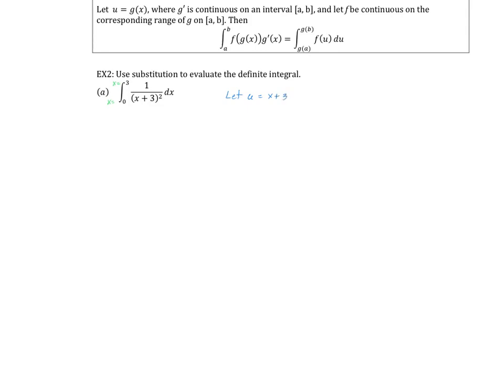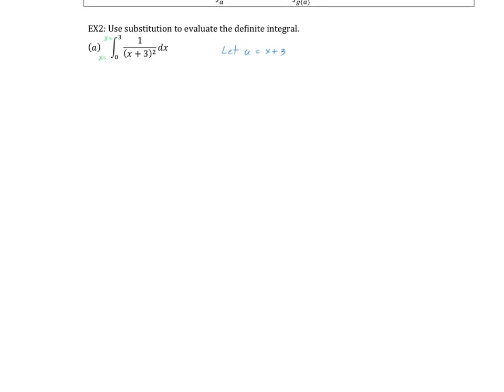And then that would just mean I have a u squared, which I can deal with. So the derivative of u with respect to x is equal to 1, or in other words, du is equal to dx.